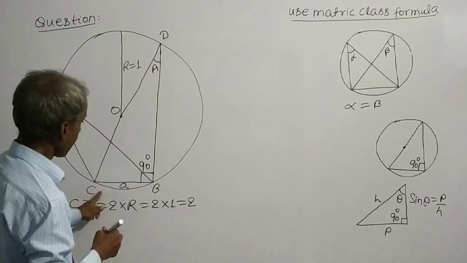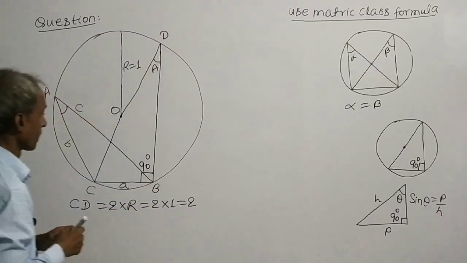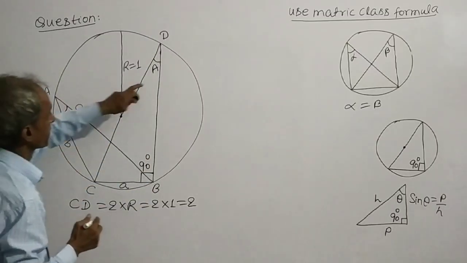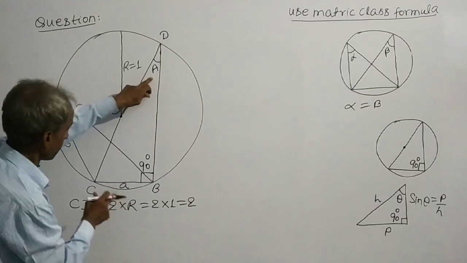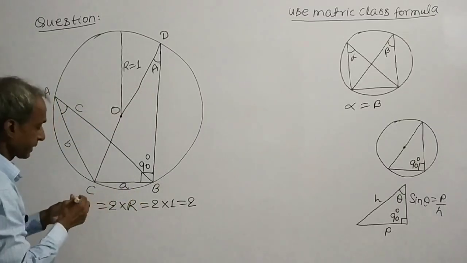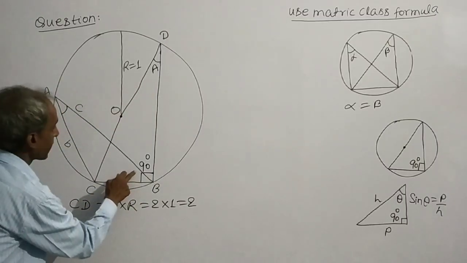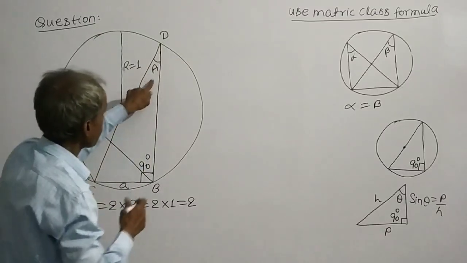Now in this triangle CBD, the side opposite to angle A is CB, and the side opposite to the 90-degree angle is CD.